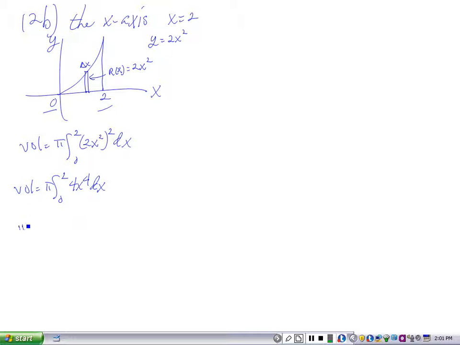Now we integrate, we get pi times 4/5 x to the 5th, evaluated from 0 to 2. You plug in 2 for x, so we get 32 times the 4. So I have pi times 4 times 32 all over 5. And that gives me 128 pi all over 5.